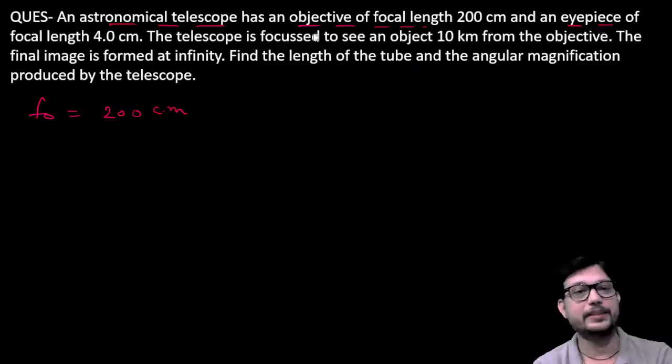The eyepiece also has a focal length FE, which is 4 centimeter. The telescope is focused to see an object at 10 km from the objective.